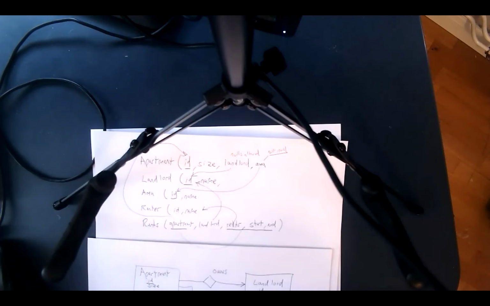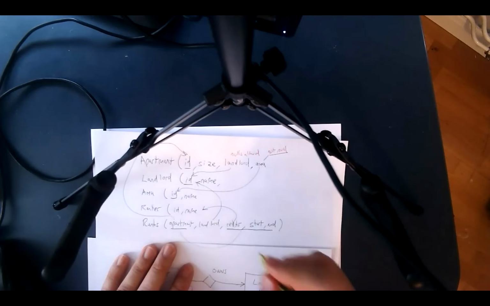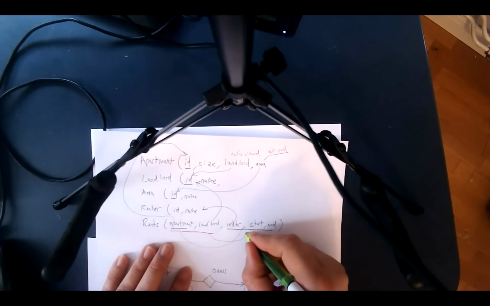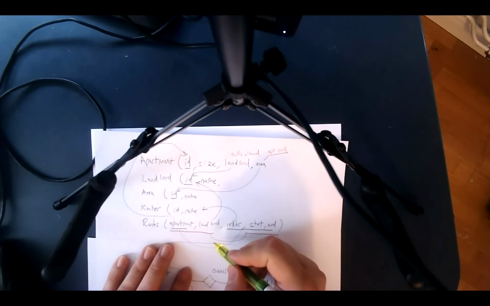But that's more of a practical matter. In terms of the underlying logic of this whole thing, I was able to get these arrows a little bit built in here. Can I get them all built in? Probably not. Apartment and landlord determine a renter. So there's another candidate key, which would be this: that plus those would determine the renter.